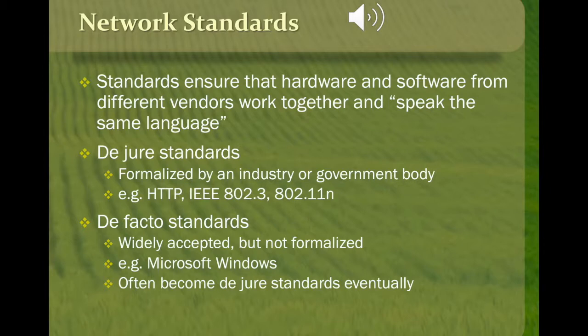When you're doing development or doing your work, it's best to follow de jure standards if possible. I think that it has a greater chance of a successful outcome just because it is formalized versus not formalized. So, like I said, I try to throw this verbiage into my presentation, so look for me using these words throughout the class. Thank you.